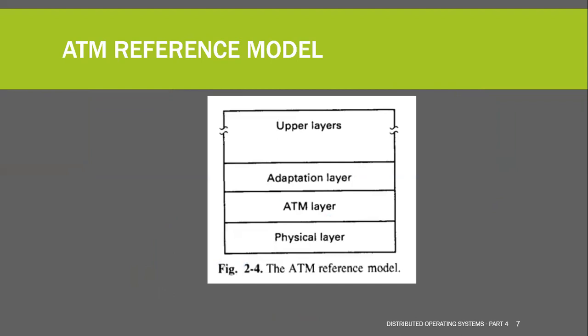ATM reference model. ATM has its own protocol hierarchy as shown in the diagram. The physical layer has the same functionality as layer 1 in the OSI reference model. The ATM layer deals with the cells and cell transport, including routing. So it covers OSI layer 2 and part of layer 3. However, unlike OSI layer 2, the ATM layer does not recover lost or damaged cells.